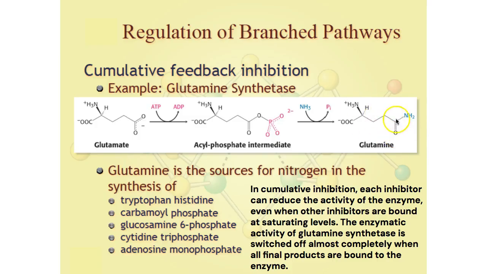And so this glutamine would act as a feedback inhibitor, but also glutamine is a source of nitrogen in the synthesis of these other products that are listed. And since it is part of creating these products, all of them would inhibit this glutamine synthetase. And since it's not just one, that's what makes it a cumulative feedback inhibition.